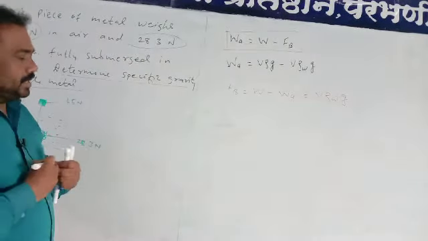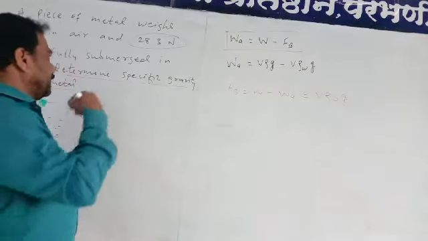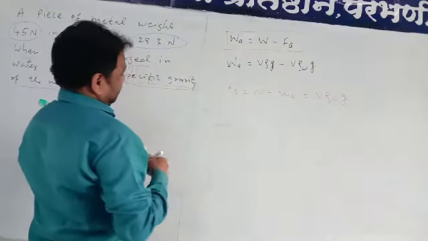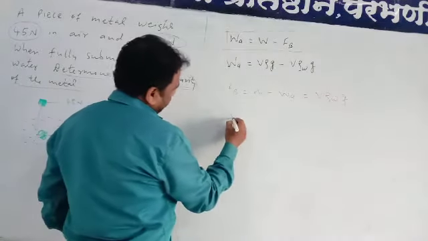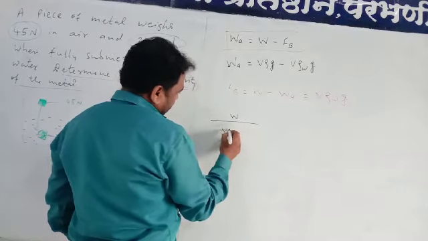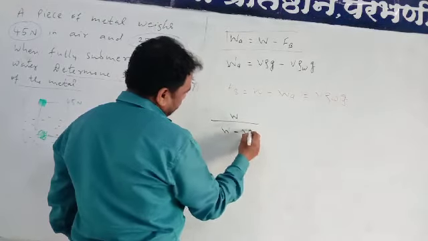Now the meaning of specific gravity: it is the ratio of actual weight upon actual weight minus apparent weight.